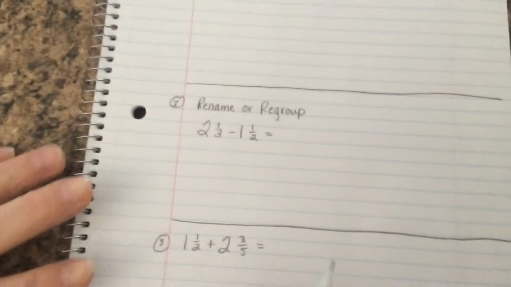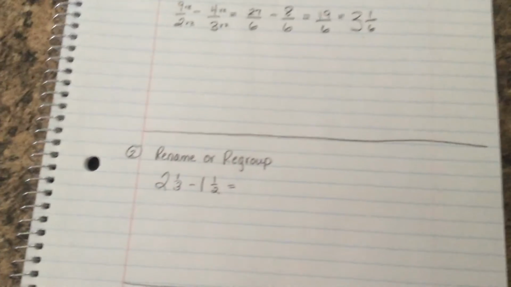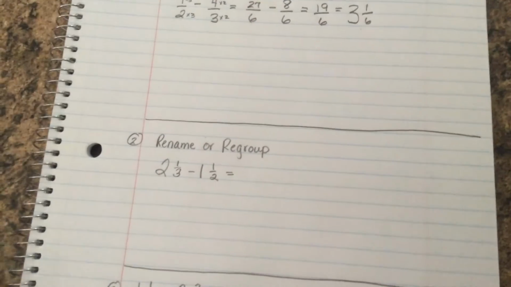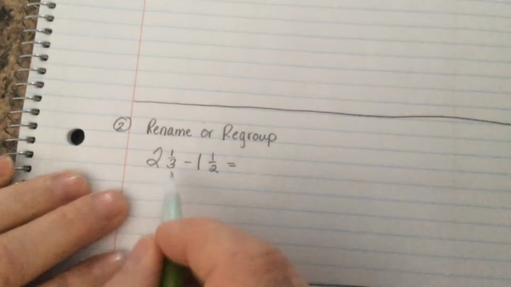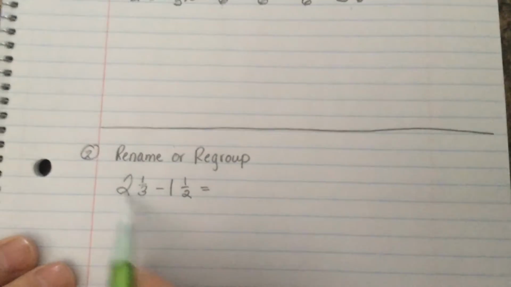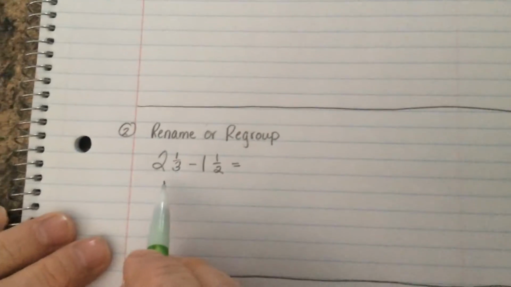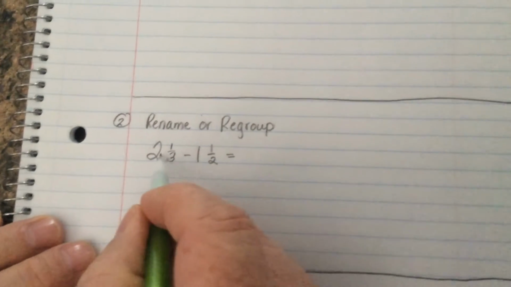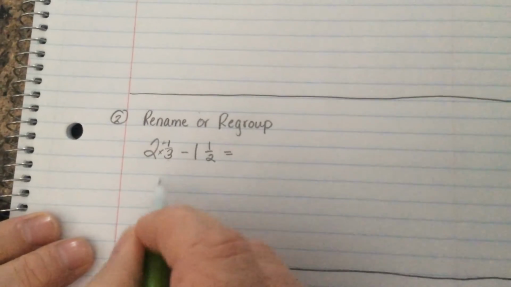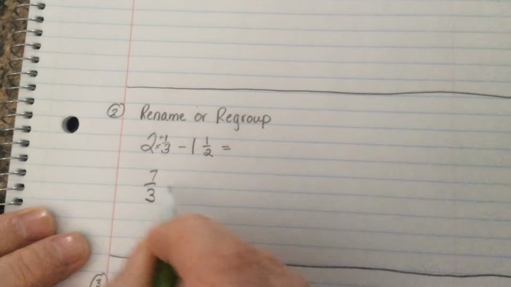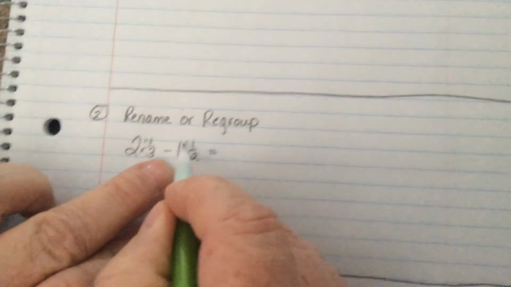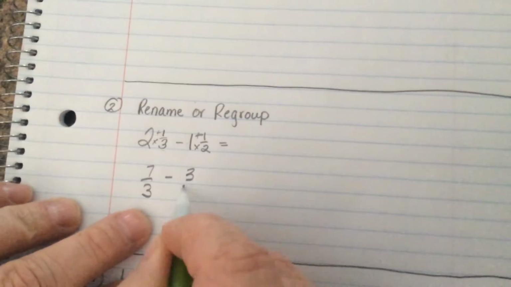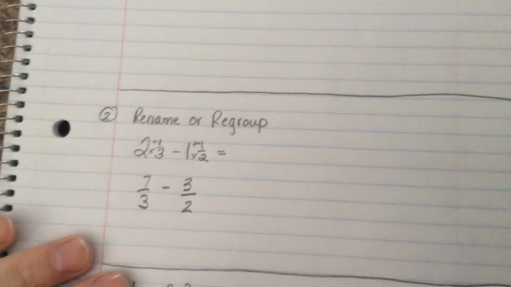The next problem we're going to look at, you're going to regroup your fractions. Again, we can do it two ways. We can change our mixed number to an improper fraction. 3 times 2 is 6, plus 1 is 7. 7/3 minus 1 times 2 is 2, plus 1 is 3. 1 1/2 is 3 halves.